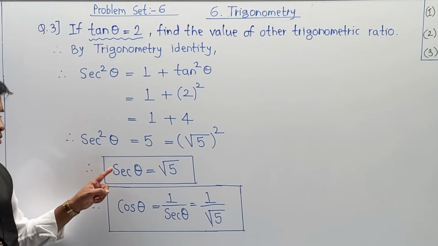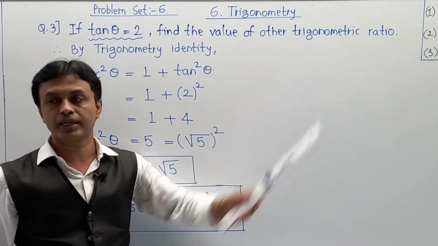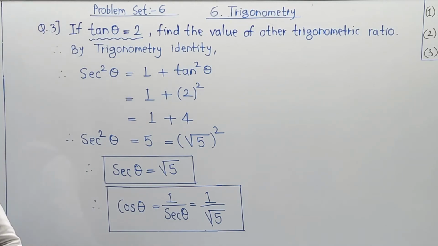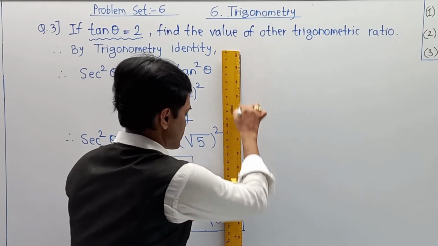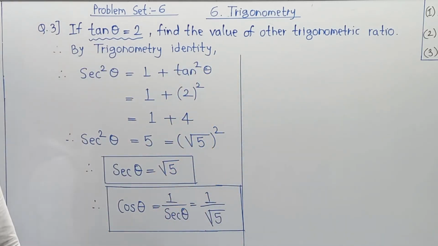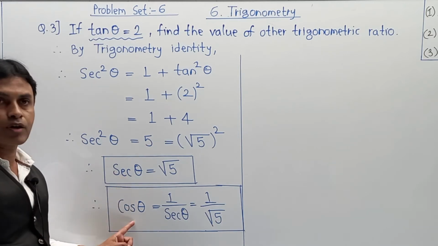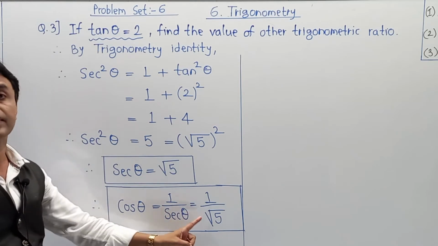Now, as we have sec and cos, we still have to calculate the other trigonometric ratios. In short, we have to calculate all trigonometric ratios. The next evaluation is, as we have sec and cos, we have tan that is given by them and cos that we found.